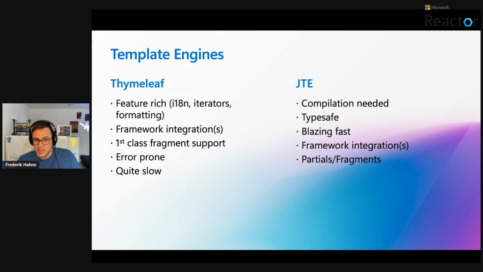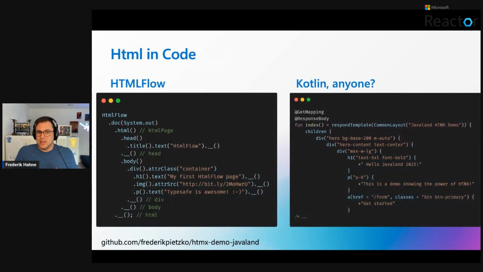Last week I was at JavaLand, and there was another nice approach to get this type safety back into our templates. Basically just using code for that. There is, I think this is Kotlin X, so it's an HTML DSL for building HTML documents. And this is a Java version of that.